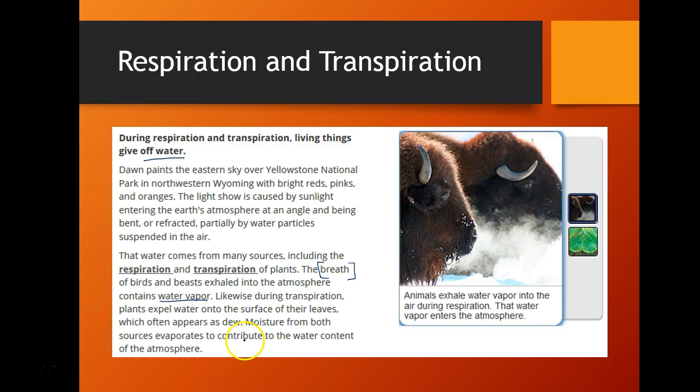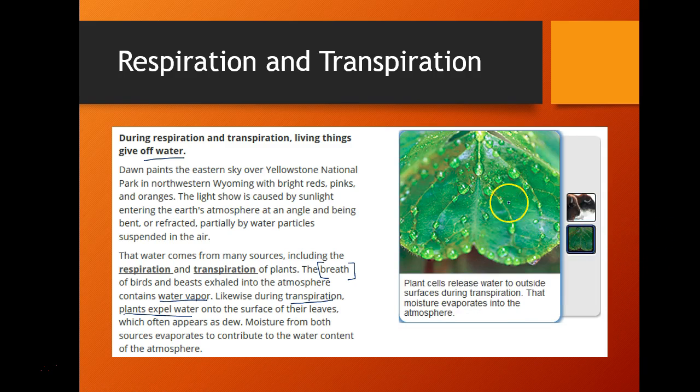Another example is transpiration, which is essentially the same thing, except it's with plants expelling water onto the surface of their leaves. So we see here animals expelling water vapor when they exhale, and also moisture on this leaf through transpiration.